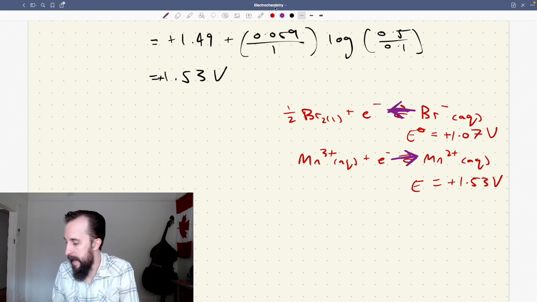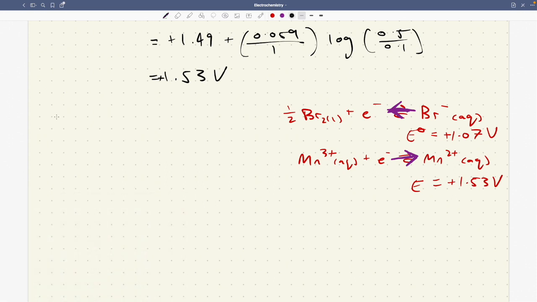So to get our overall cell potential, we're going to get the reduction potential, and we're going to add that to the oxidation potential. So we said the species being reduced is our manganese down there. So we have 1.53 volts. I'm going to plus that to the oxidation potential, which is going to be the top one. But remember, this is a reduction potential.